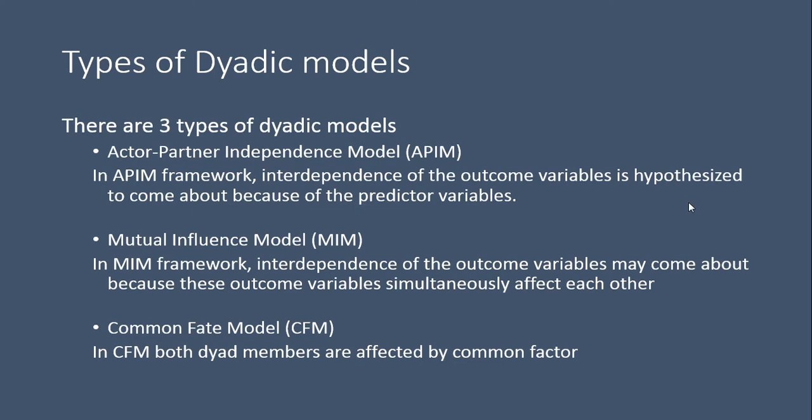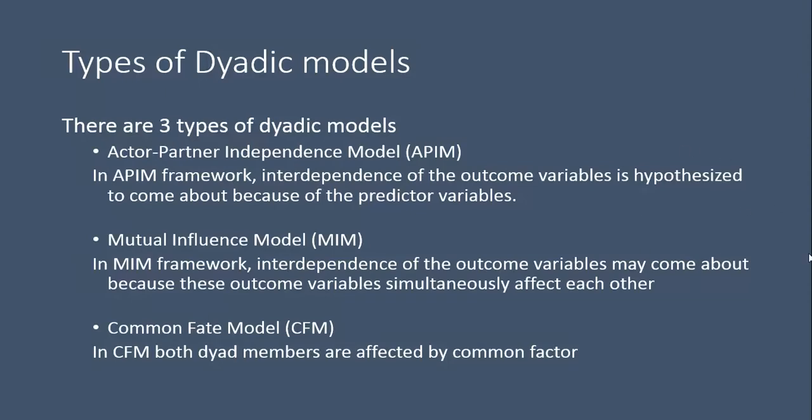That is the main difference between the actor-partner independence model and the mutual influence model. And in the third, the common factor model, both members of the dyad are affected by a common factor. So there are three ways to look at the dyadic design, and there are three types of models.